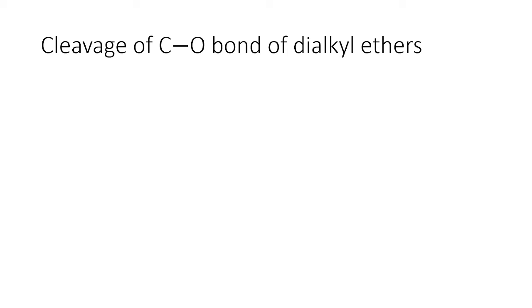So by dialkyl ethers, we will be having this formula, wherein we have there our R group, the ether oxygen, and our next R' group. So in that, we need to introduce a strong acid, and one of the strong acids is our hydrogen halides. Mapa HCl man yan, HBr, HI.